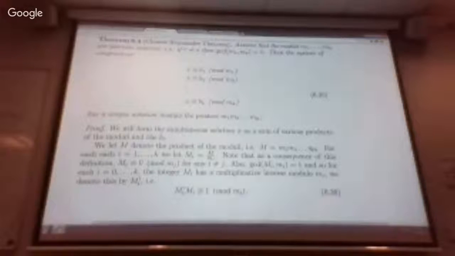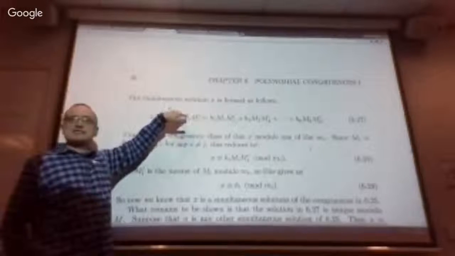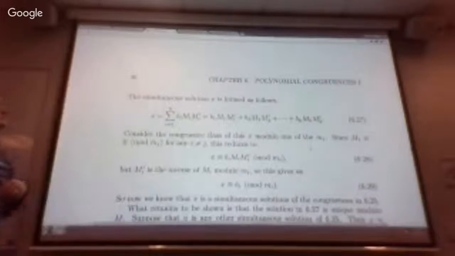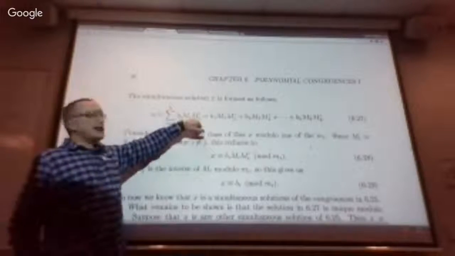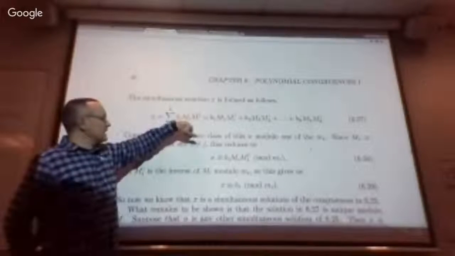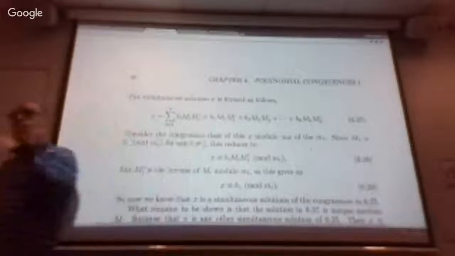We have x congruent to b1, b2, etc. modulo little mi. The capital Mi is the product of all the moduluses except little mi. And capital Mi prime is the inverse of capital Mi modulo the little mi.